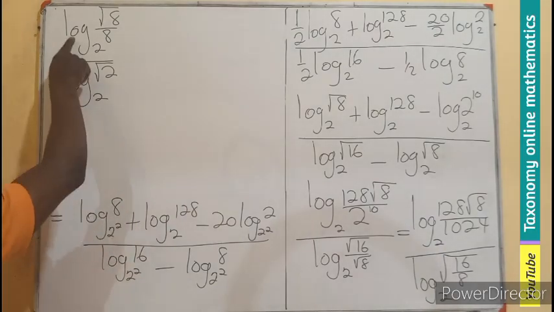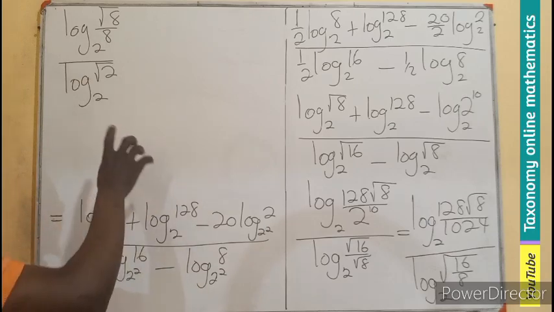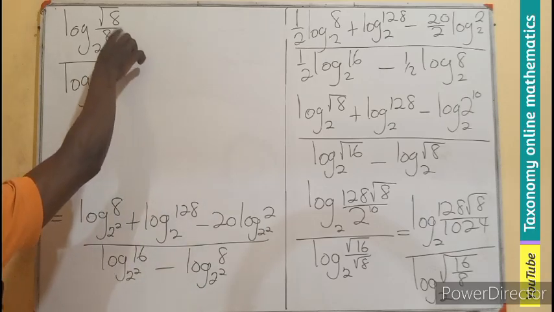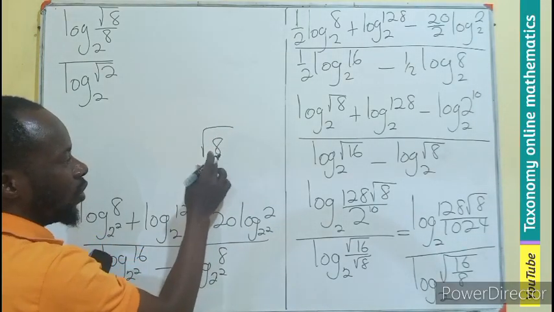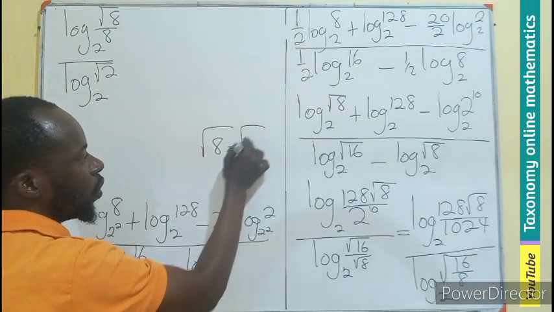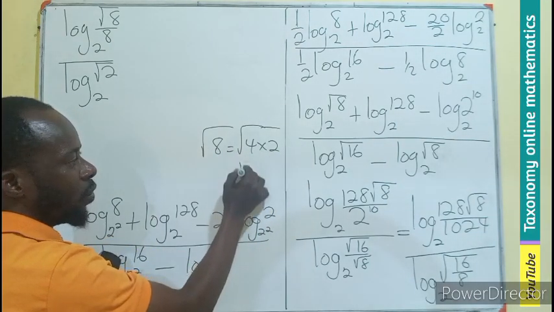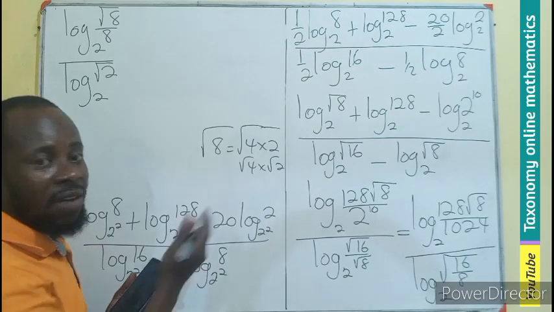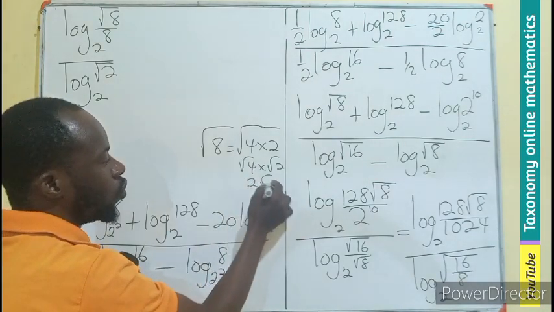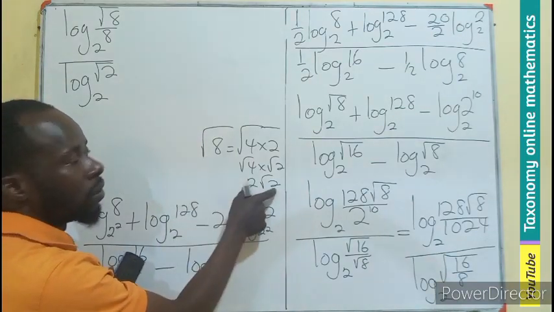Then we are now having the logarithm of the same base with different arguments. If I like, I can also simplify the root of 8, which we know will be root 4 times 2. If you separate that, it gives you root 4, the root 2. A root of 4 gives us 2, meaning this is 2 root of 2. A root 8 is this.